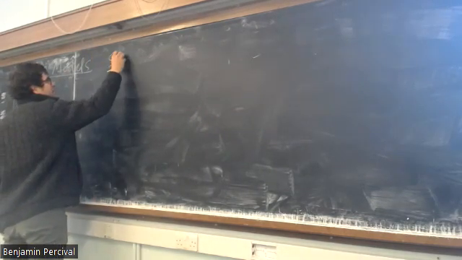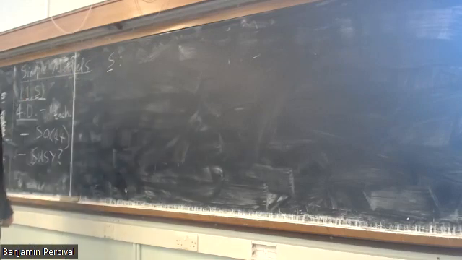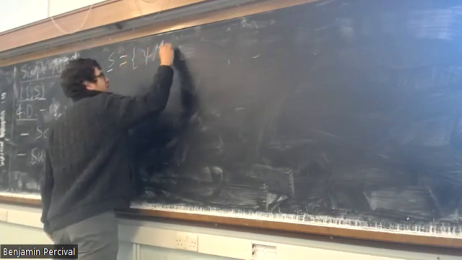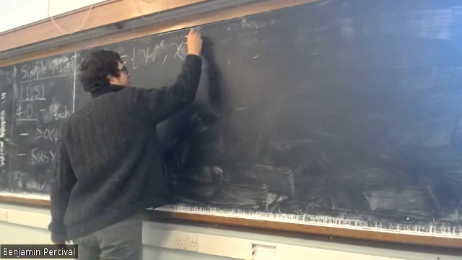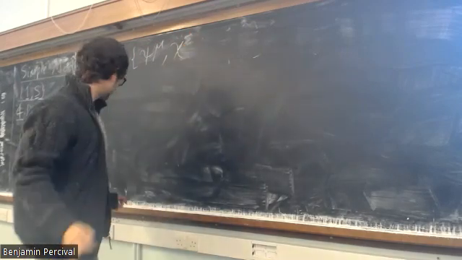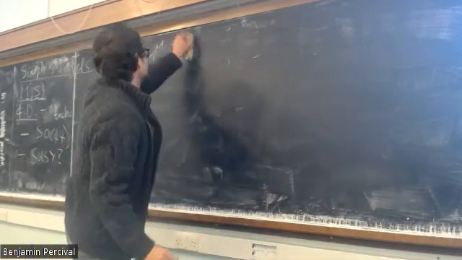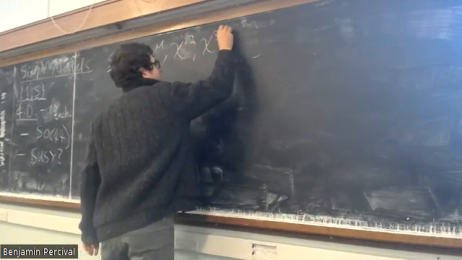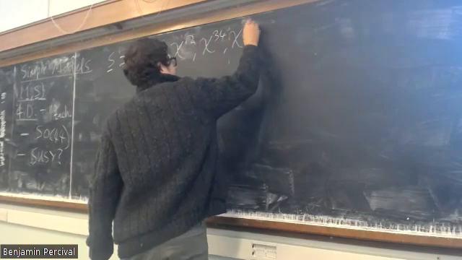S in 4D, we write it like this because, well, let's write it with chi 1, 2, chi 3, 4, chi 5, 6.